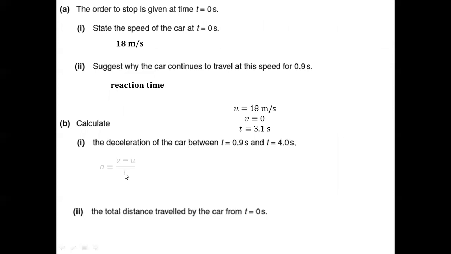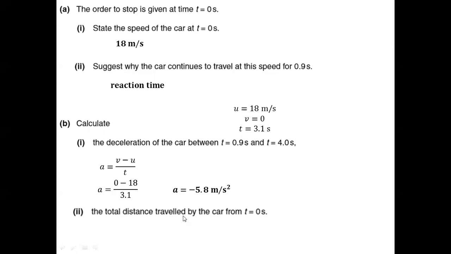The acceleration is simply the change in velocity over time. Here, we're considering the magnitude of the velocities, which will be the speeds. So, substituting the given information, we have 0 minus 18 over 3.1. This gives us acceleration equal to negative 5.8 meters per second squared. The negative means that the acceleration is in the opposite direction of the velocity.